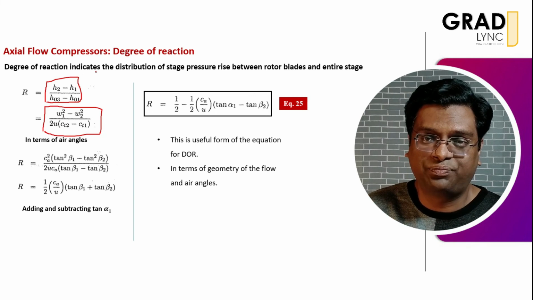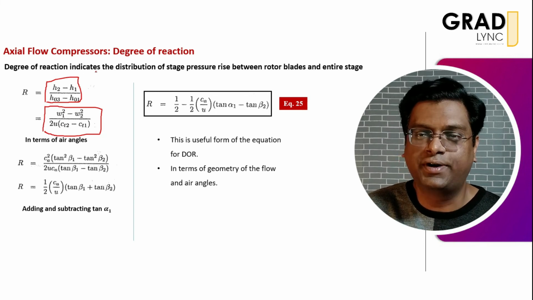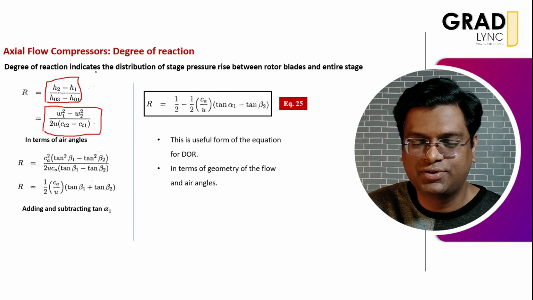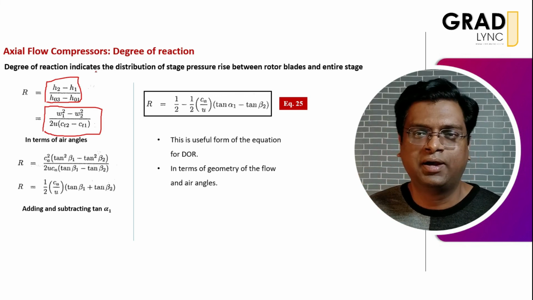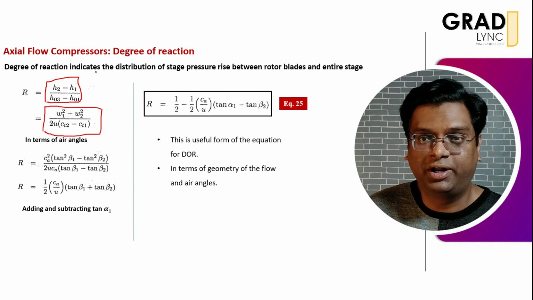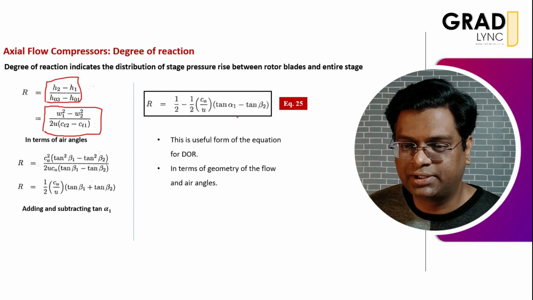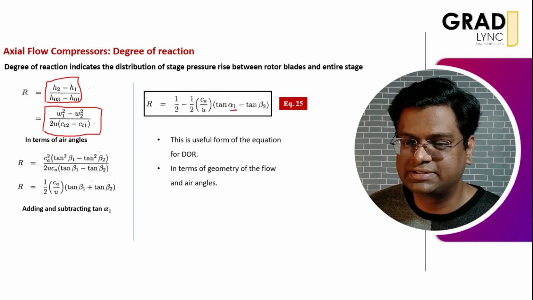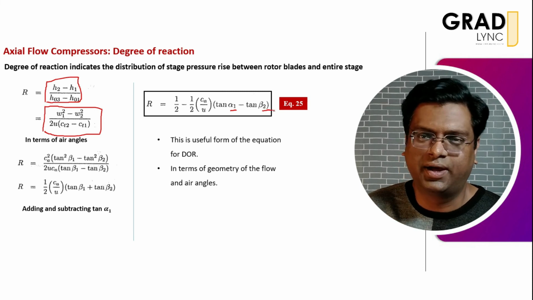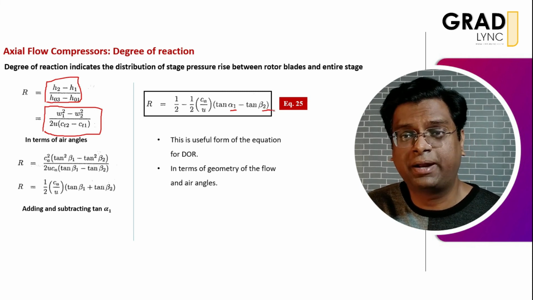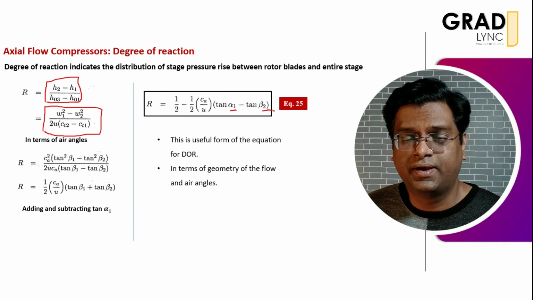So there are 4 forms for the degree of reaction depending on the available values. As a design engineer, I am more inclined towards the geometric parameters, that is air angles and blade angles, rather than physical parameters like velocities.